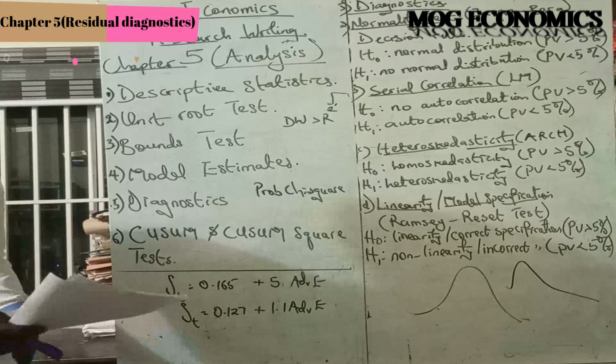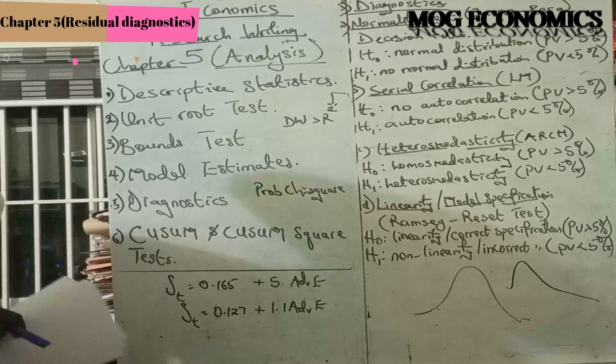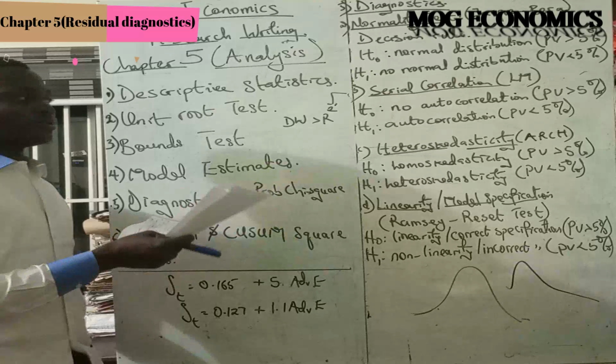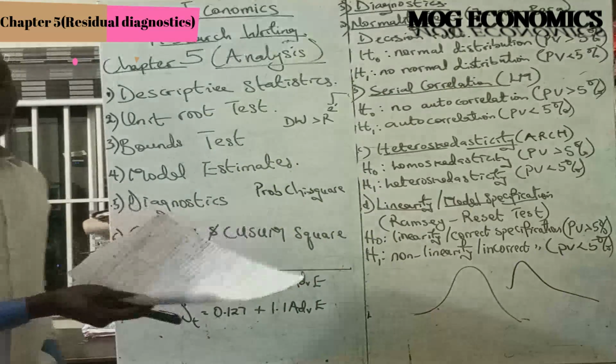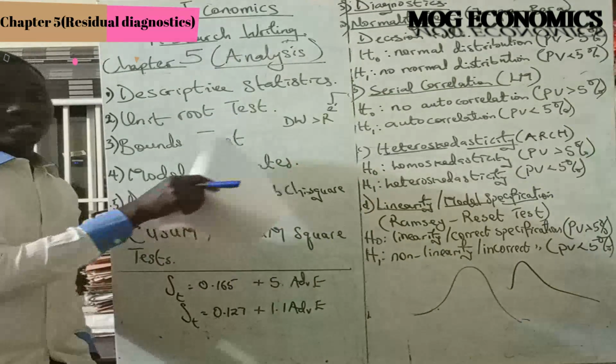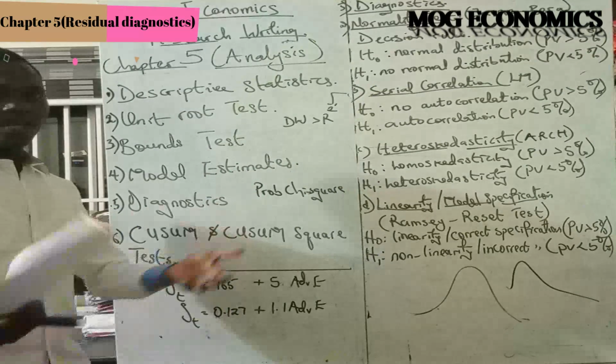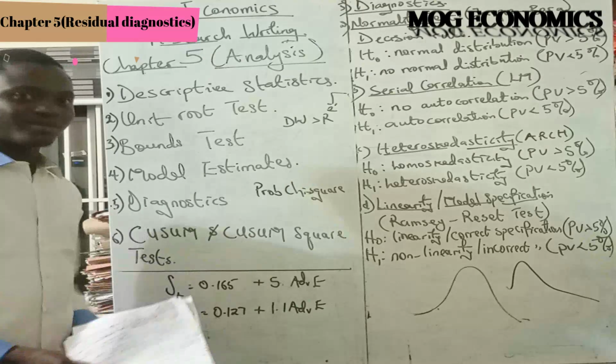Now for the heteroscedasticity test, you want to test if your error terms have equal variance or unequal variance. You can use your ARCH test, though this is not the only test. By now you probably know how this works.